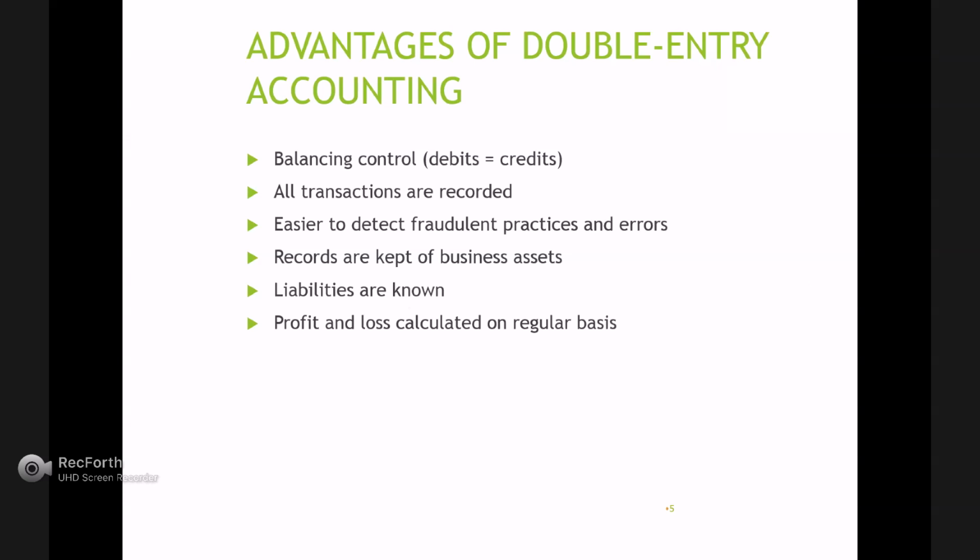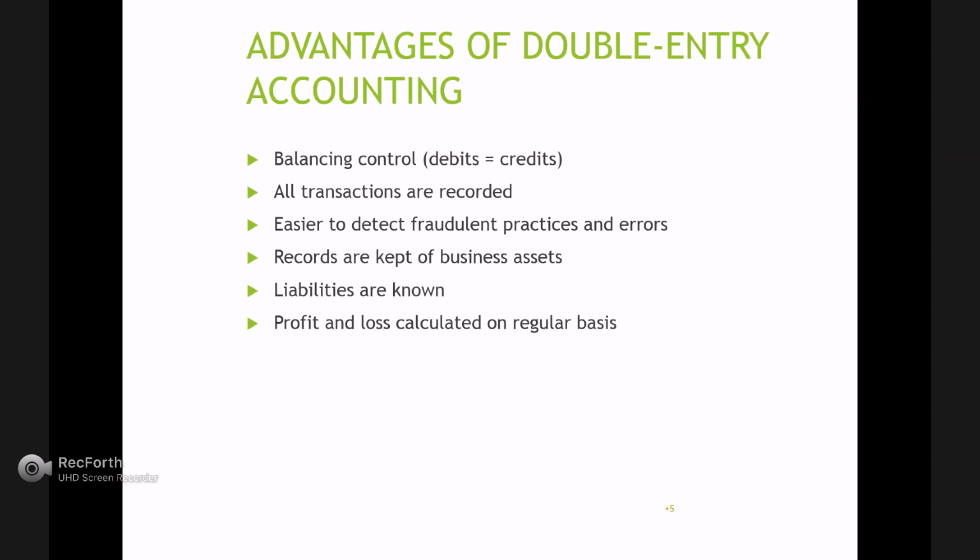Then, advantages of double entry accounting. Advantages means debit is equal to credit. What do you mean by that? Debit is equal to credit. For example, a particular transaction is done: purchase of machinery.